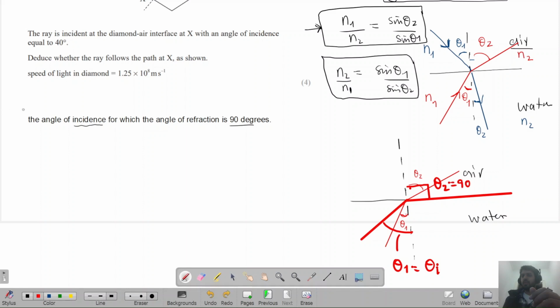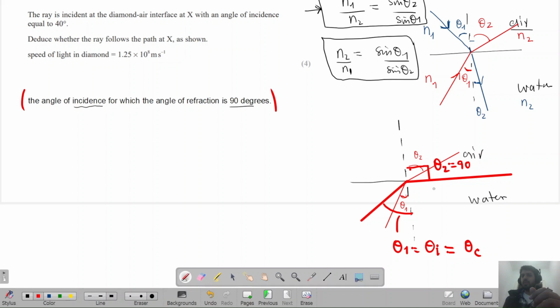So by definition, when the angle of refraction becomes 90 degrees, the angle of incidence, whatever the angle is, will be called theta C, which is the critical angle, right? So I hope this point is clear. Now, if you read the definition again, you will understand this equation in a better way. So again, theta C, critical angle, is the angle of incidence for which the angle of refraction is 90 degrees.